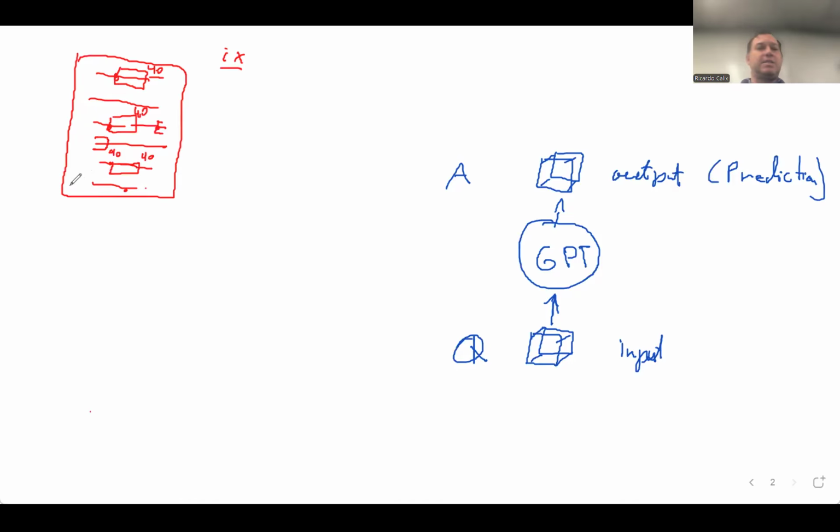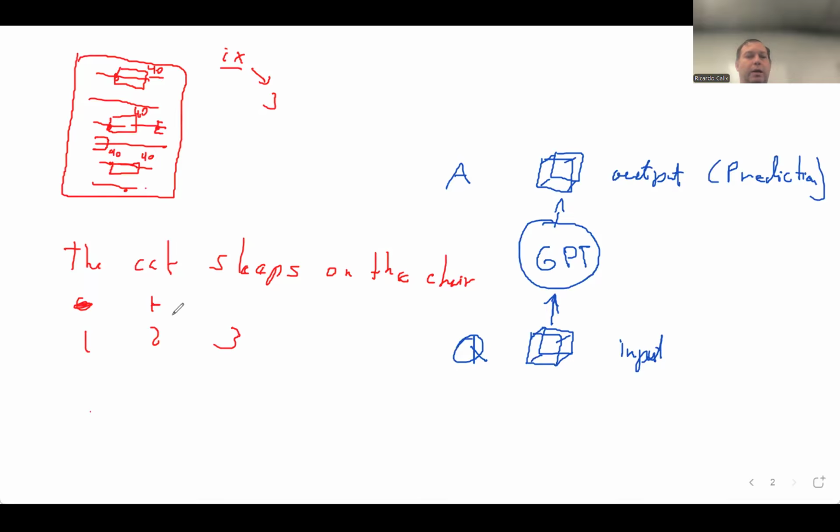You are right. It's, you know, the cat sleeps on the chair. IX is just where you start to get that chunk. So let's say it said 3. Let's start at 1, 2, 3.